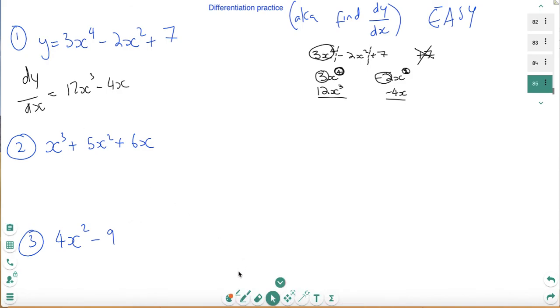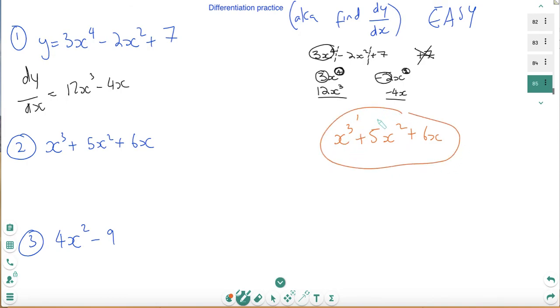So differentiate or find dy over dx. I'll write down the expression. What you're going to do is cut the expression into its separate terms.